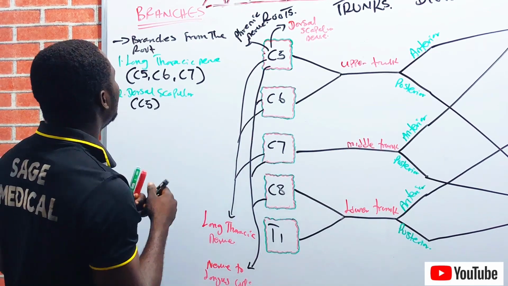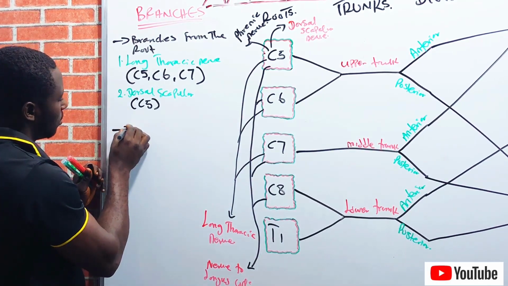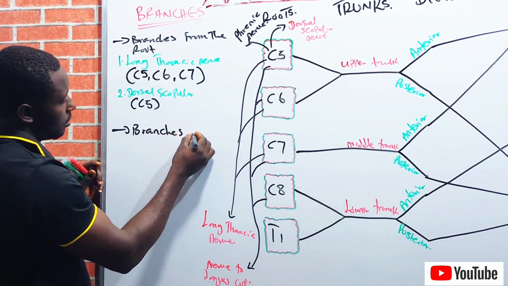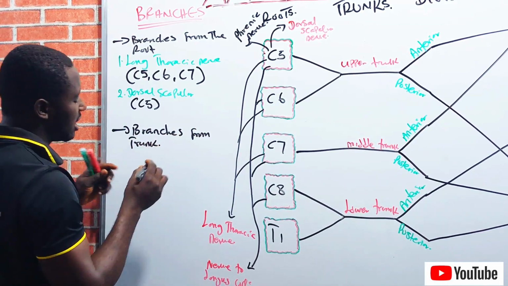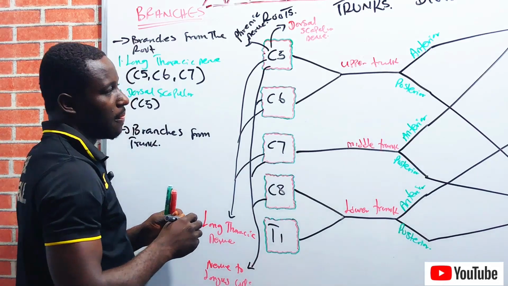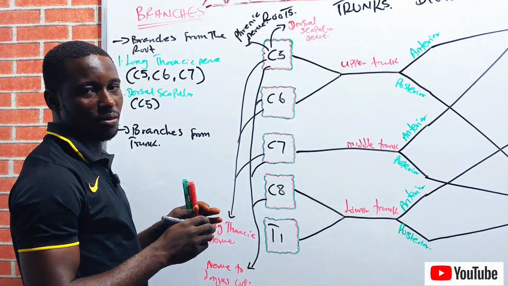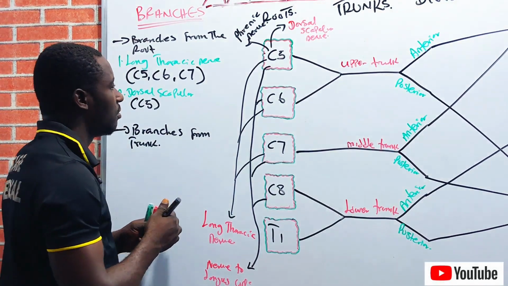Okay. Let's dive into the branches from the trunk. These arise from the upper trunk, to be precise. We have the suprascapular nerve.